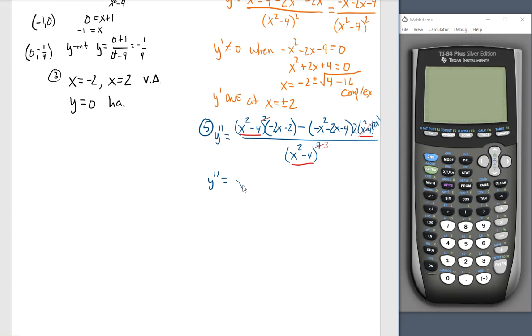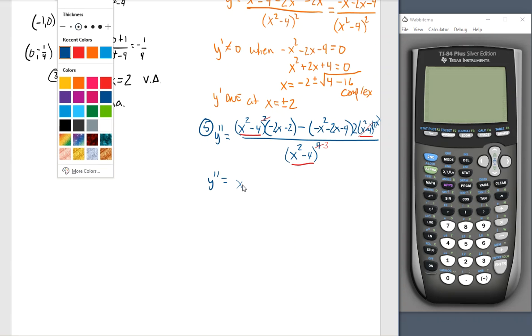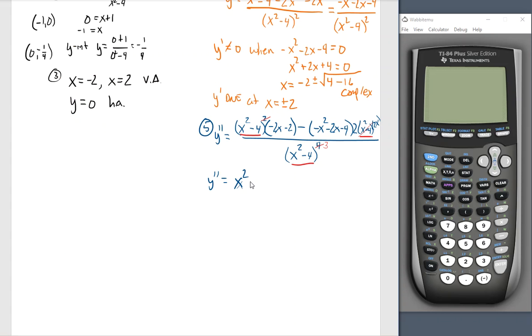So now we have x squared minus 4 times minus 2x minus 2. And I'm going to take this 2 and the 2x and call that a minus 4x times minus x squared minus 2x minus 4, all over x squared minus 4 to the 3rd power.